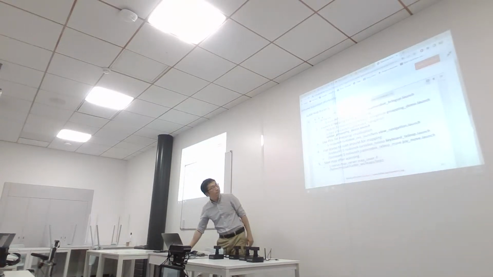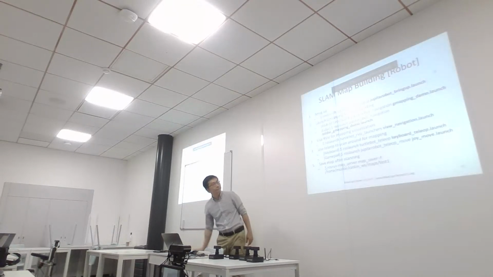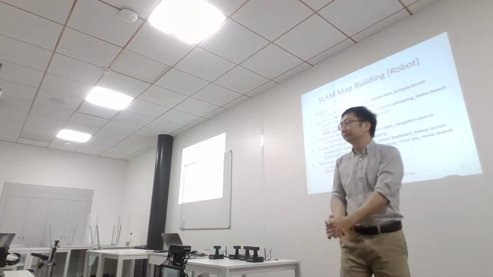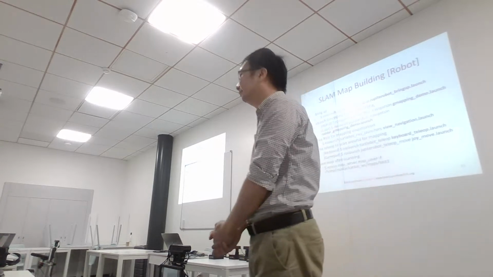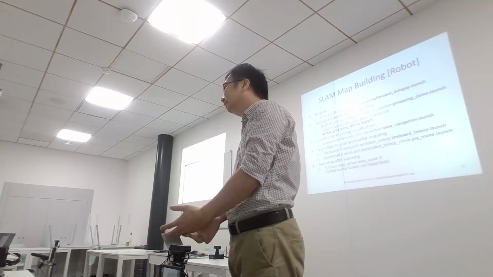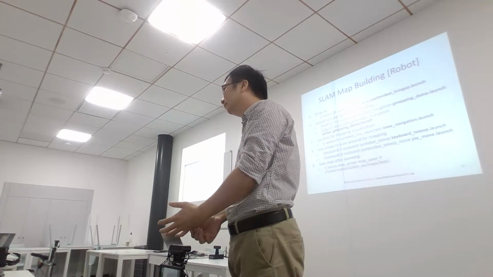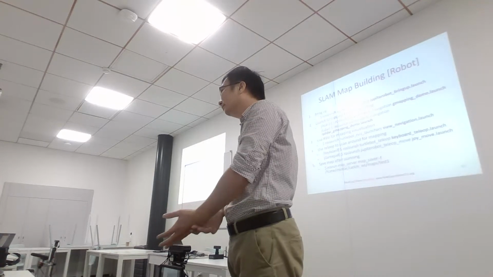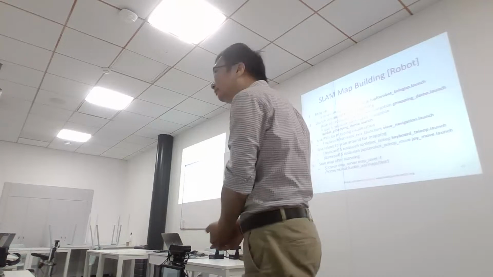Question? For this robot for the RoboCup, does the code use the point cloud directly, or does it create a signal wall?